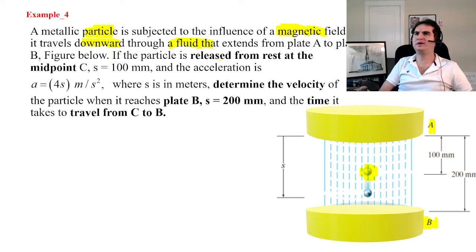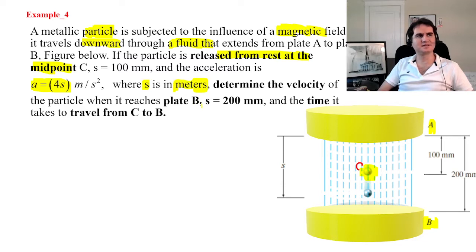If the particle is released from rest at the midpoint C, we want to know the velocity and also the acceleration. The acceleration is a function of displacement, a = 4s, where s is in meters.